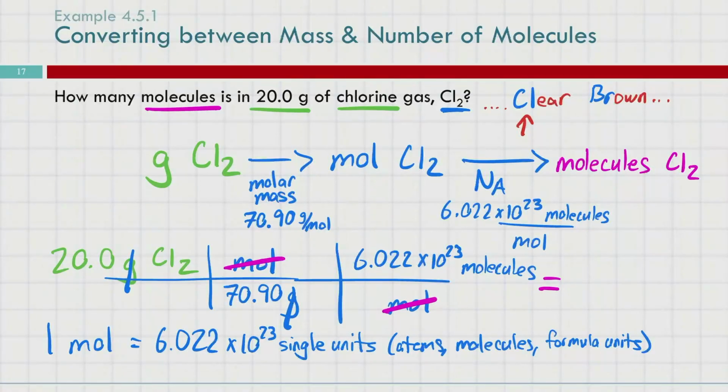The units that come through rather, will be molecules Cl2. And the number part, 1.698 and some other stuff times 10 to the 23 molecules Cl2.